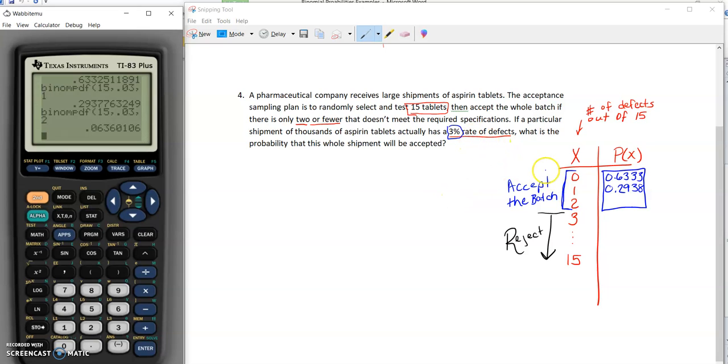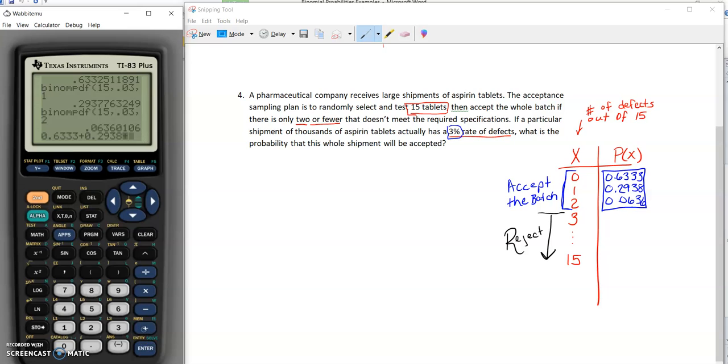So this is fine. This is one way to do it, kind of just doing them one at a time, getting what you need. 0.0636. Did I write that right? And then to answer the question, they want to know for 2 or fewer, so you would add up these 3 probabilities, adding up these 3 numbers.